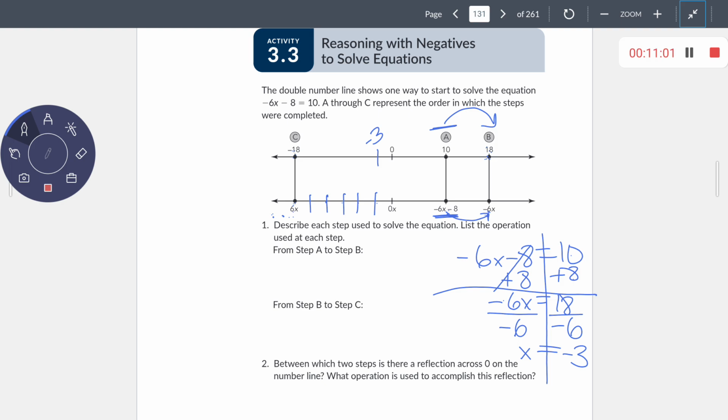Multiply that one by negative 1, I get a negative 18. Remember, we're doing that to maintain equality. Then once they do that, then they are dividing by 6. So I'm kind of doing it in one step. I did divide by negative 6, divide by negative 6. They are kind of doing times a negative 1, then dividing by 6.